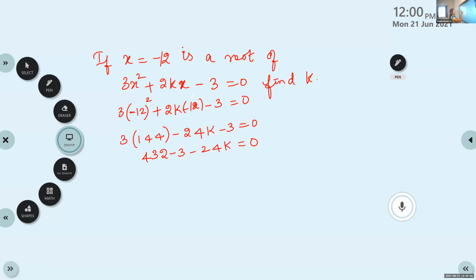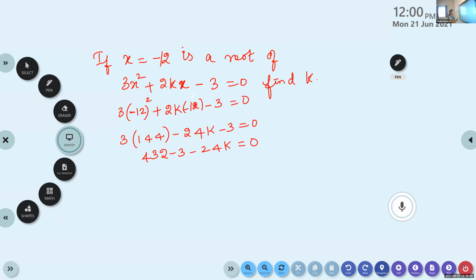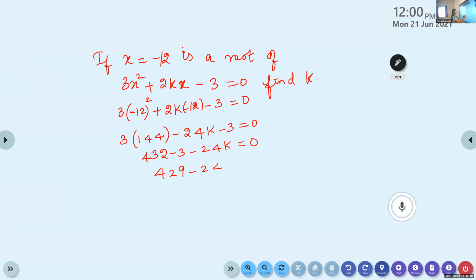What is 2 into minus 12? Will you be getting negative 24? Yes, ma'am. Okay, now 432 minus 3 is 429. 429 minus 24k is 0. So we get minus 24k is negative 429. Okay, so k will be, yes?